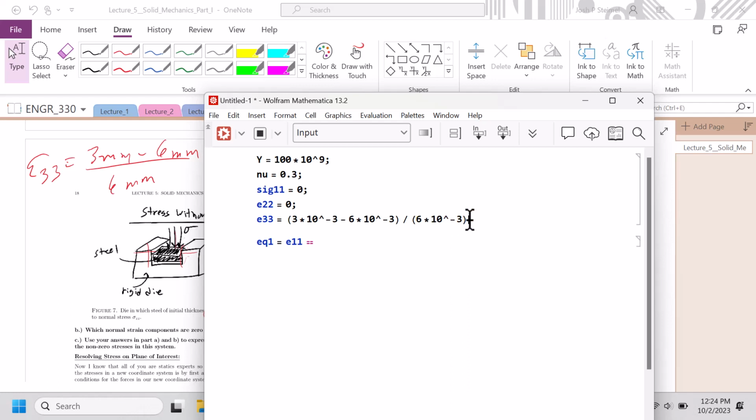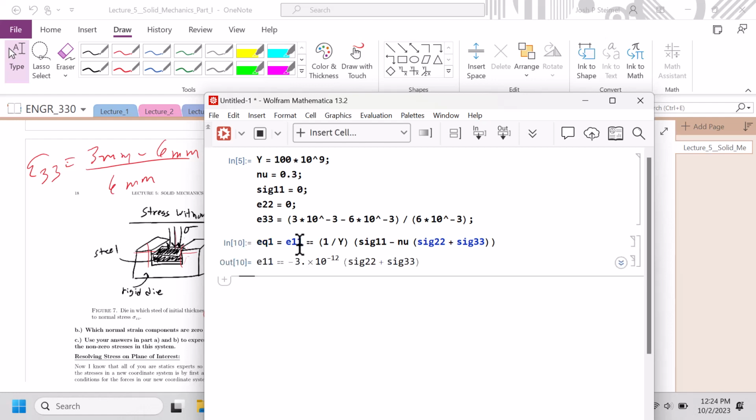So we can go ahead and shift enter all that. So E11 is equal to 1 over Y times sig11 minus nu times sig22 plus sig33. We can get that. So that's our equation 1.